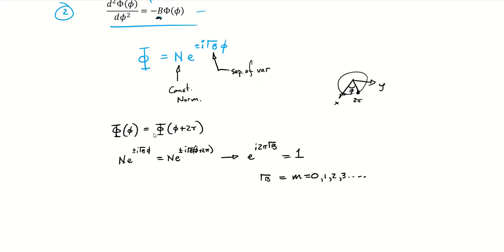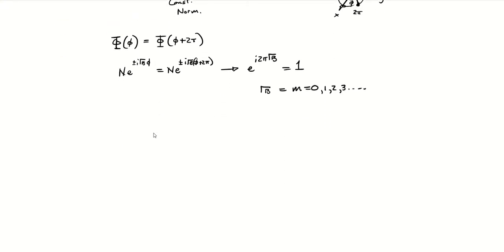The other condition is normalization. If we normalize wave functions, we're integrating the complex conjugate times the function over that whole angle, going over all space. So once around the circle, 0 to 2 pi, this is essentially the integral of N squared. You take the complex conjugate of each other, those exponentials go to 1. So we integrate that over 2 pi, and we get 2 pi times N squared has to equal 1.